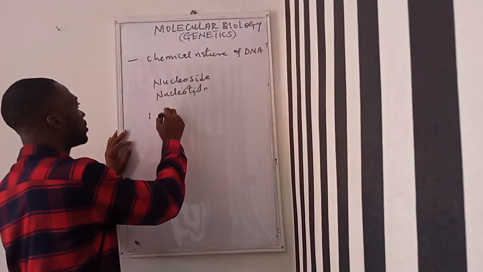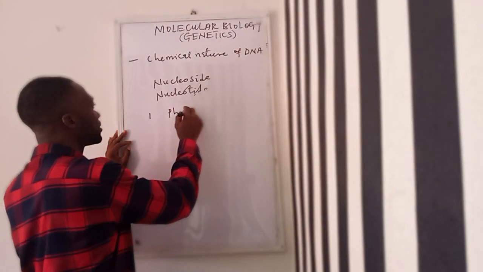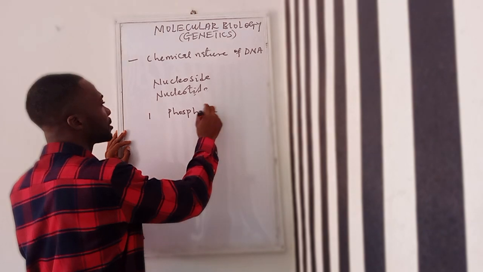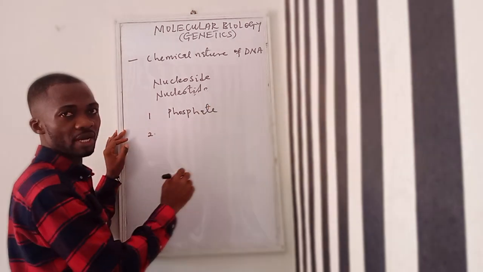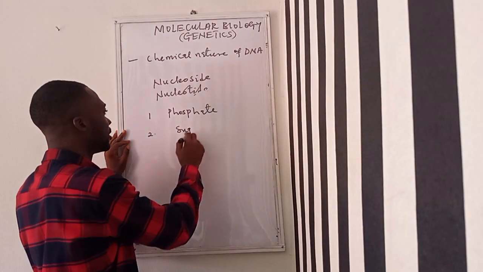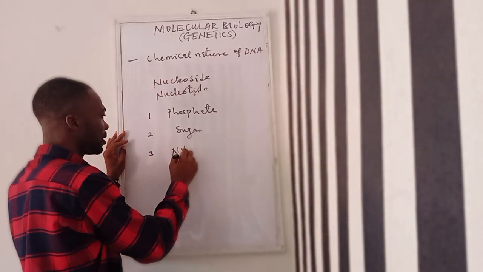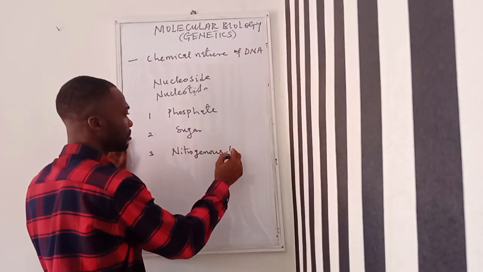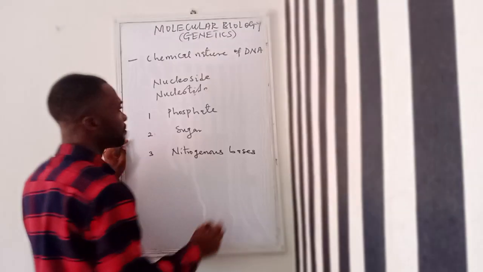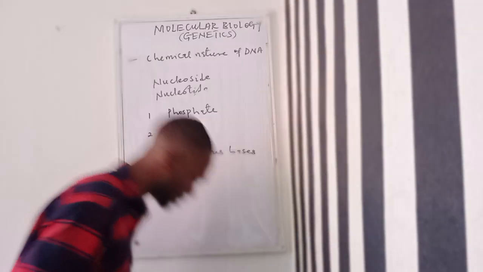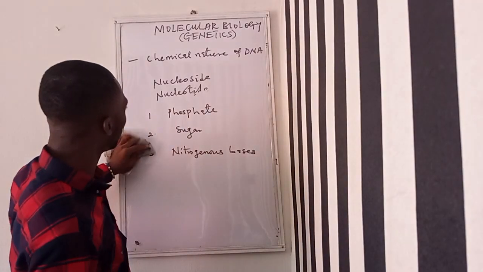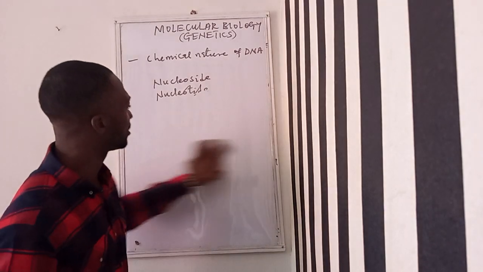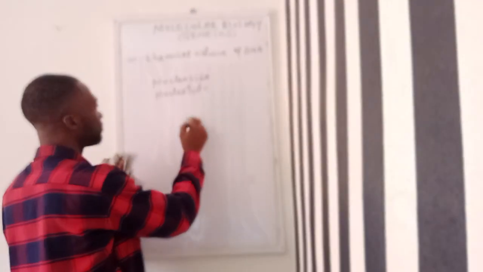The first component of the nucleotide is called the phosphate. The second component is the sugar, and the third component is the nitrogenous bases. Please don't forget these three: the phosphate, the sugar, and the nitrogenous bases. So conventionally, the phosphate is written in this form.